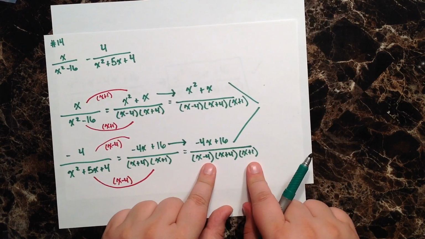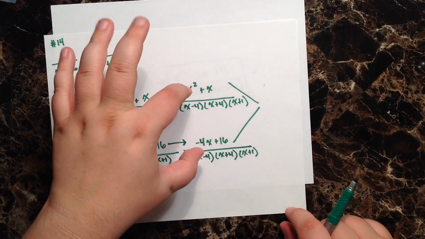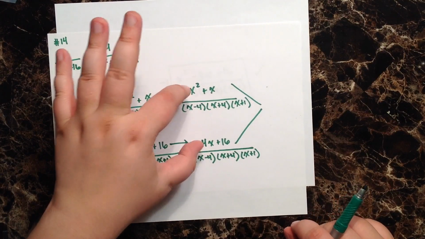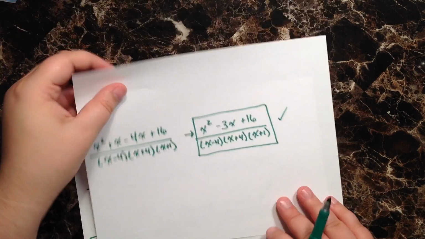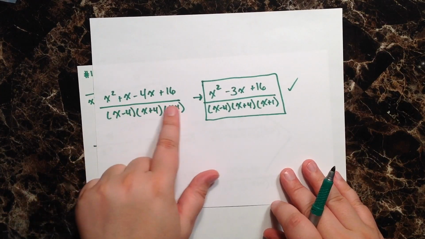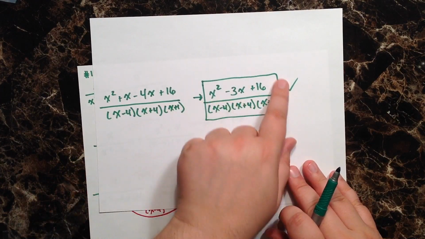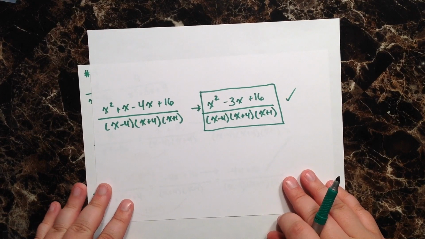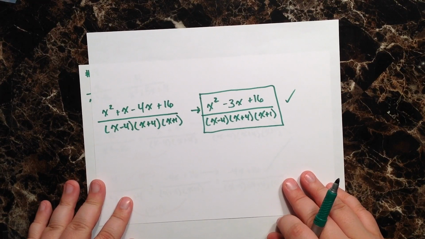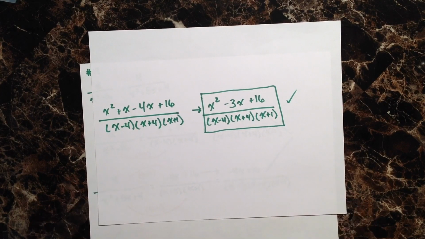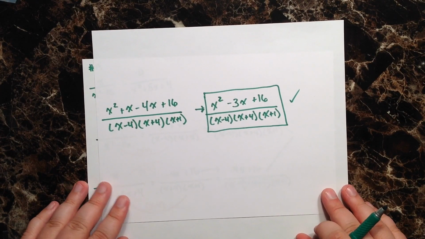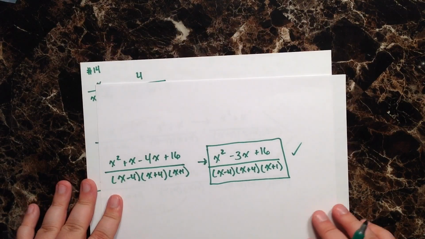Once my common denominator has been set, I can combine and simplify just my numerator, and I get to a final answer. Our final answer here is x squared minus 3x plus 16 over x minus 4, x plus 4, and x plus 1. All right, well, that was number 14.